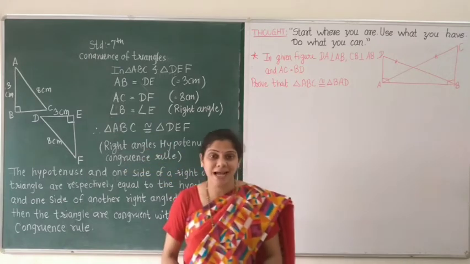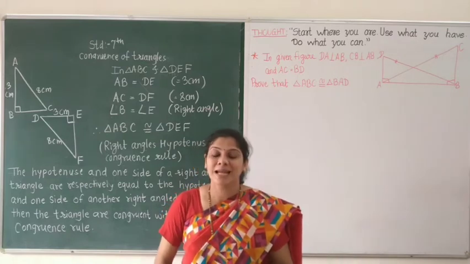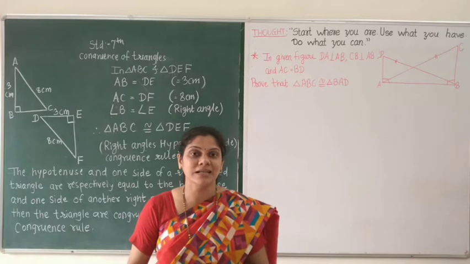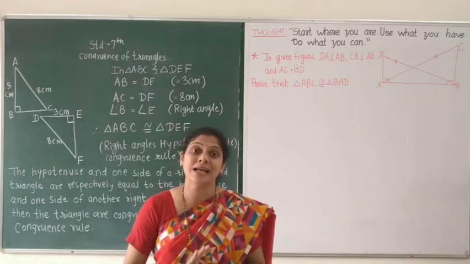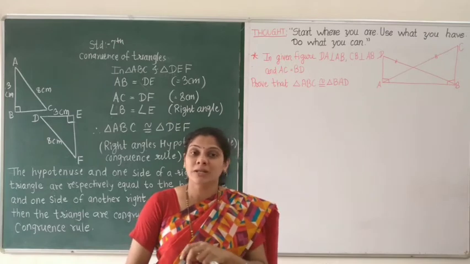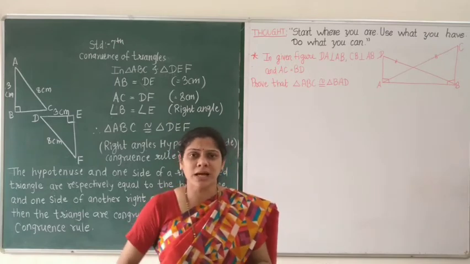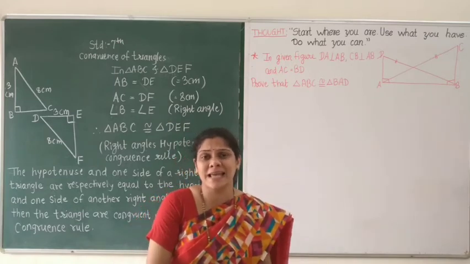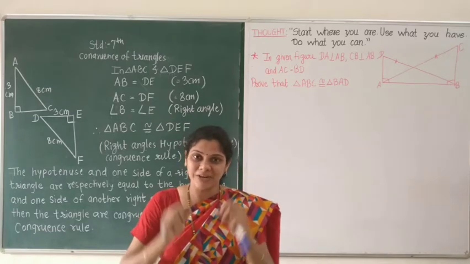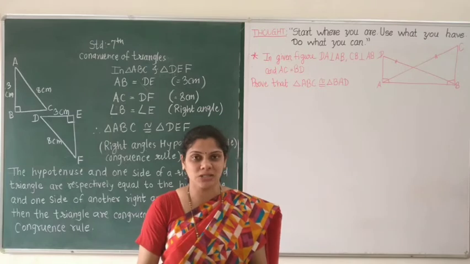If you see that there is a right angle, that means it is definitely congruent by the right angle hypotenuse side rule. That is the RHS congruence rule. Okay, so you do not have to think about SSS, ASA, SAS. If there is a right angle, that means definitely it is the RHS congruence rule.